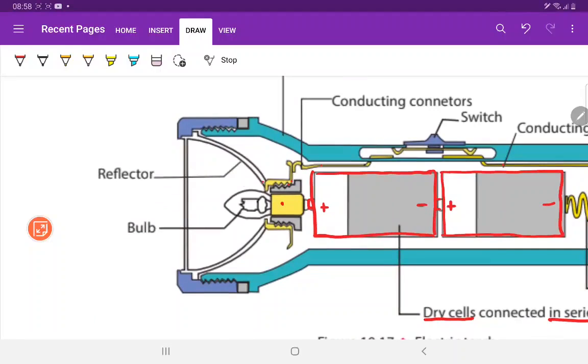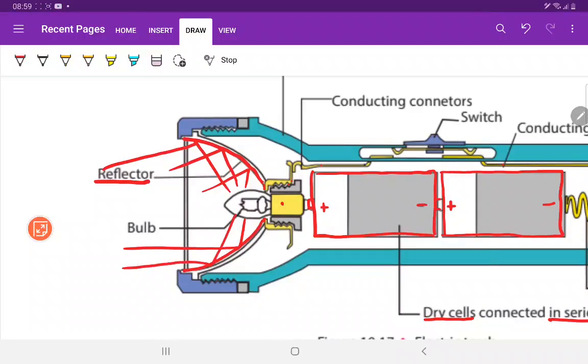Have you seen, inside the torch there is a silvery colored reflector? Why is that silver colored reflector there? If it's not there, what will happen? Because of the reflector, the light will be reflected more.